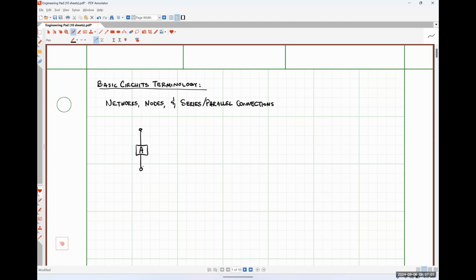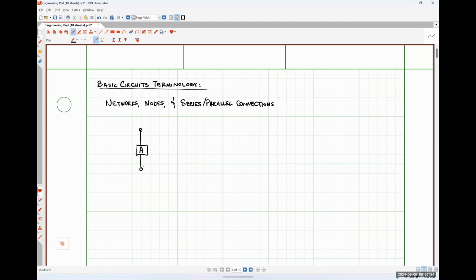It's definitely not an operational amplifier or a transistor or anything like that, okay? So these terminals are where we make our electrical connections, or they're what allow us to connect this particular circuit element to other circuit elements, wires, and all of that kind of good stuff.